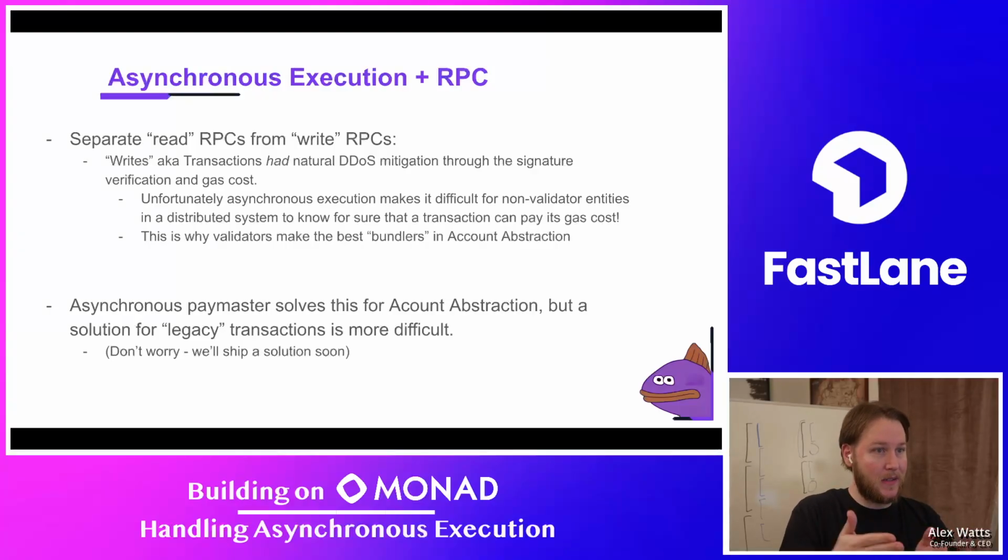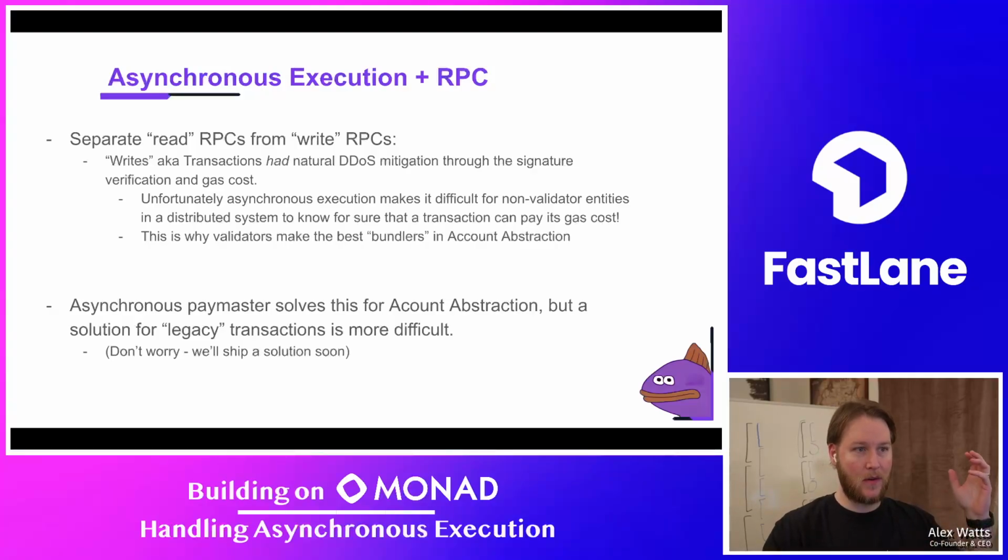You can just verify a signature. This is how you prevent double spend, etc. But if we are downstream from the validator, we don't always have the most recent information because of asynchronous execution. So it's hard for us to necessarily know at any given point in time that a user has the balance that they say they have when they send a transaction.